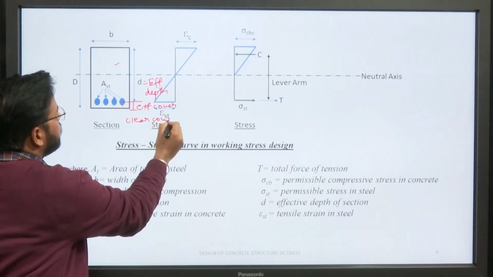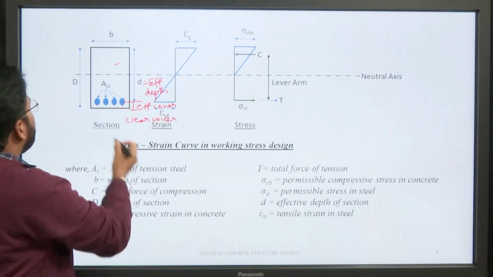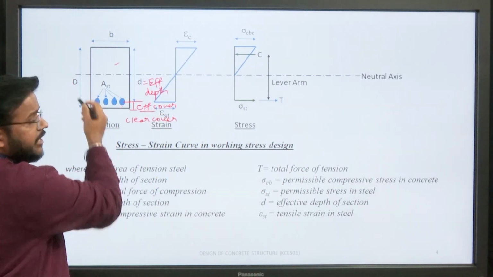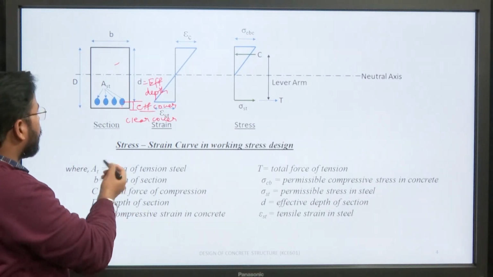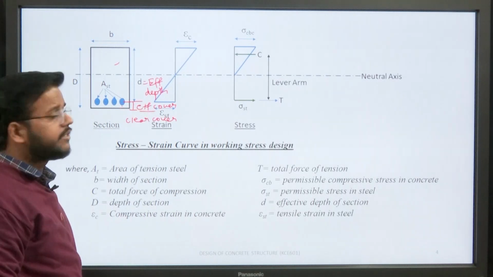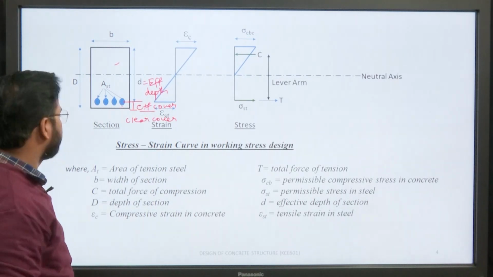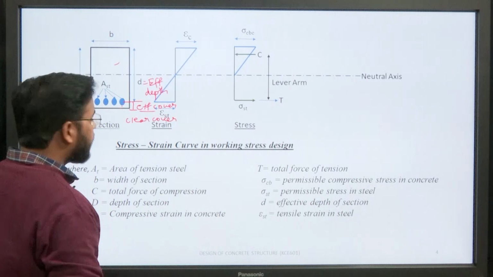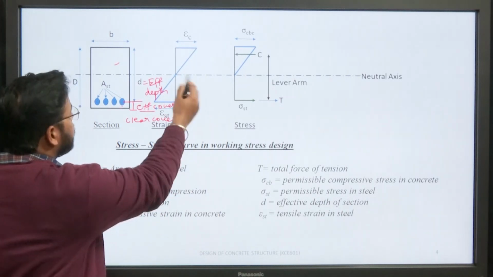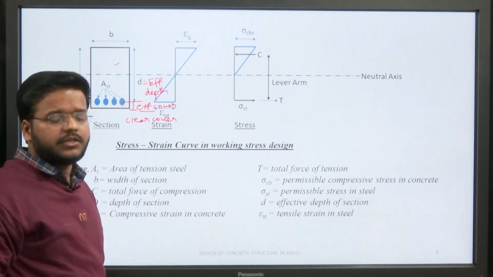So, when we subtract the value of effective cover from capital D, meaning the total depth of the cross section of the reinforced concrete structure, we get the value of small d, which is also known as effective depth.